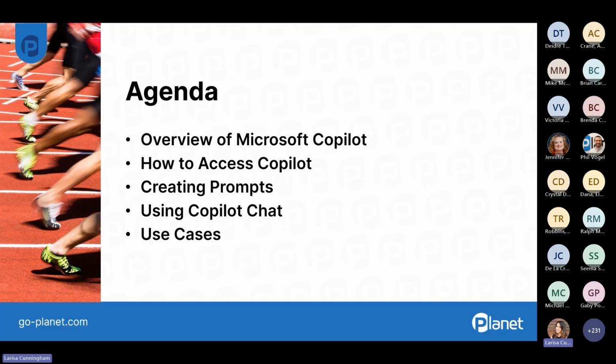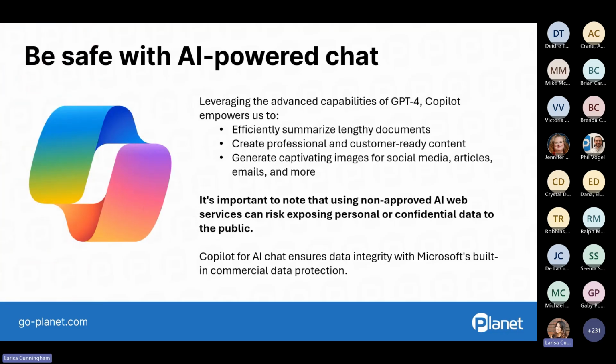So the first place that I want to start out is just in general, we will, of course, be diving into Copilot today, but in general, with AI, it is everywhere right now. There are so many tools that we're hearing about that can help you achieve some of these things, like summarizing those lengthy documents or creating that professional and customer ready content.